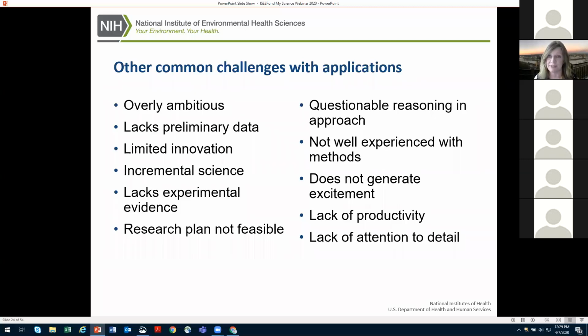Sometimes there are gaps in people's careers. That's understandable. It just has to be somewhere in that biosketch or in a support letter, where a mentor relays some information to the reviewers about the gap in your career. There are ways around it. You just have to recognize it and own it. And then there's the lack of attention to detail.